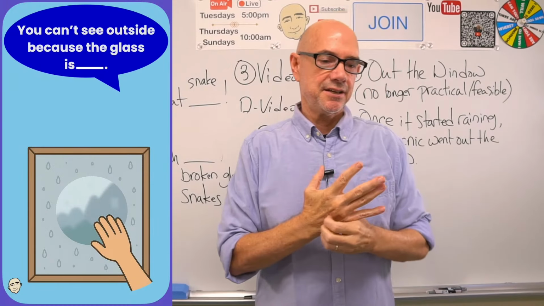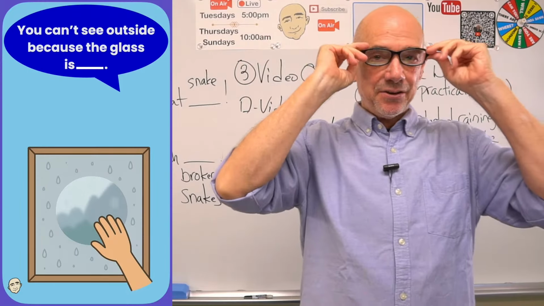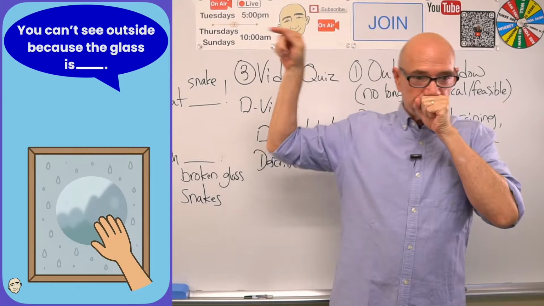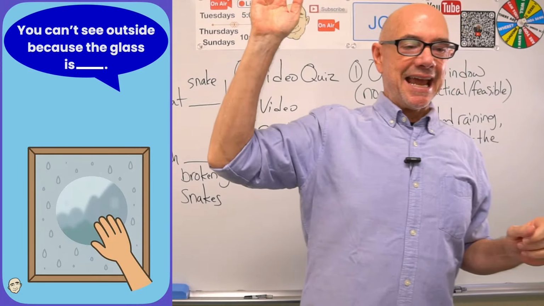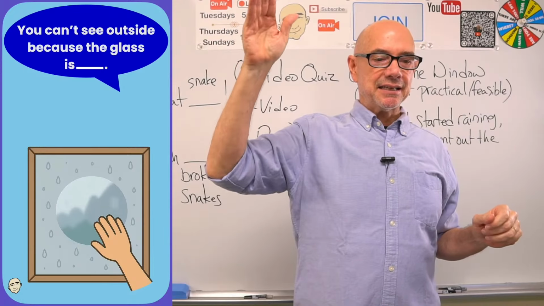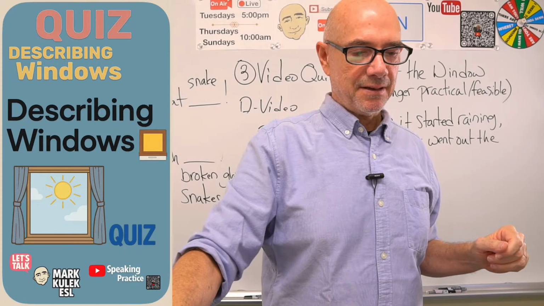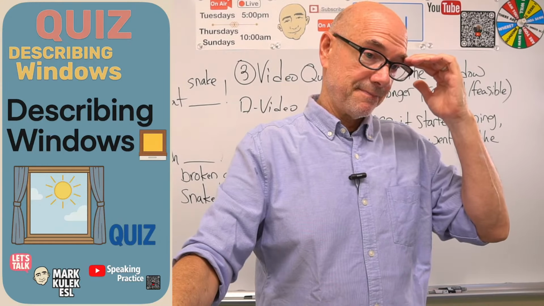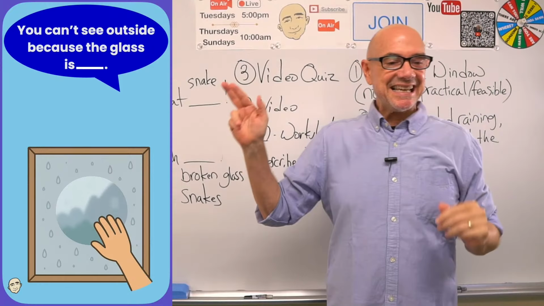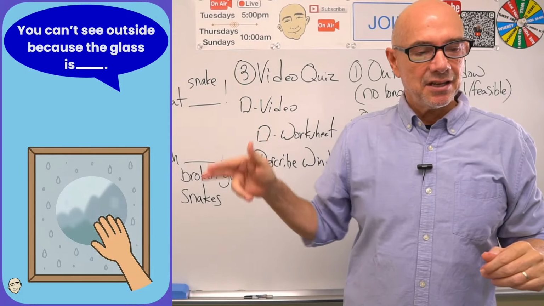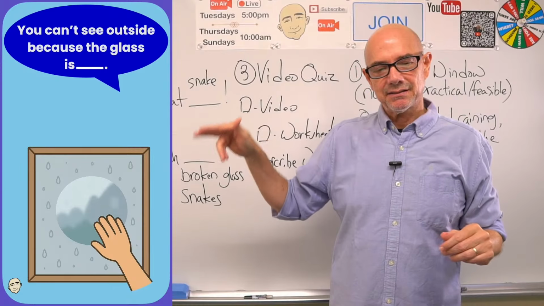Okay, so here is our first sentence. We got 10 sentences. You're going to choose the best word for the sentence, okay? And the sentence is, you can't see outside because the glass is... So, what do you think is happening on the window?